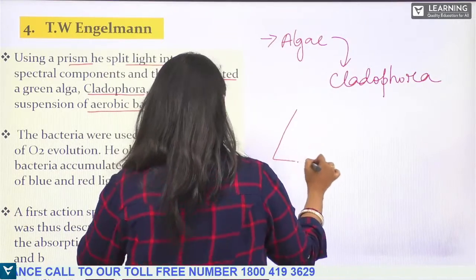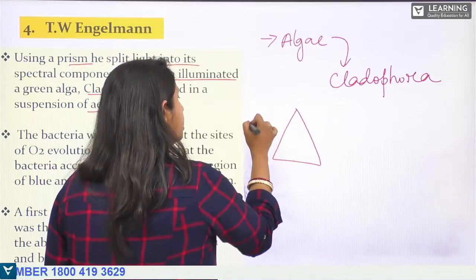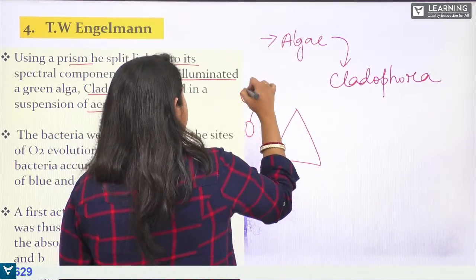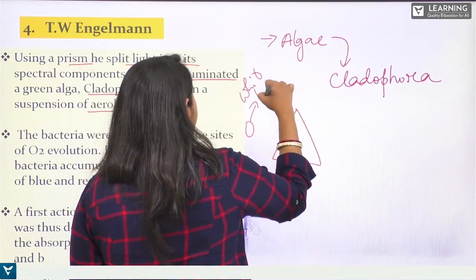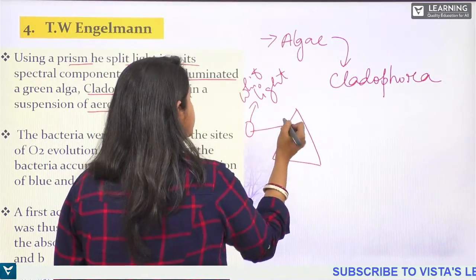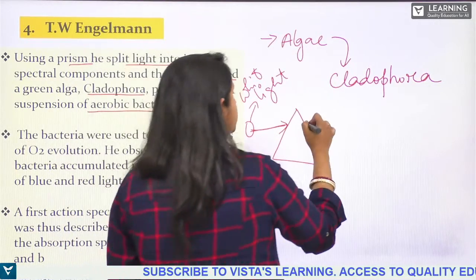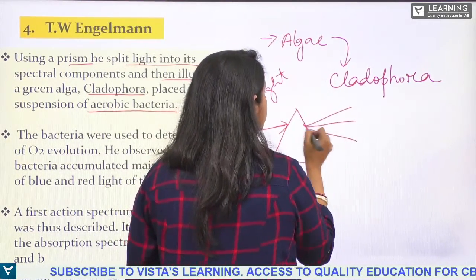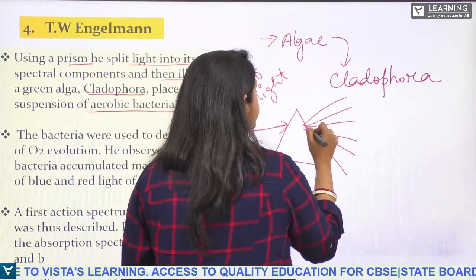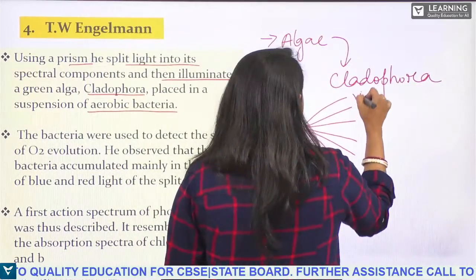He took a prism and saw the 7 colors coming out. You have studied this in physics, isn't it? So splitting into 7 colors took place.